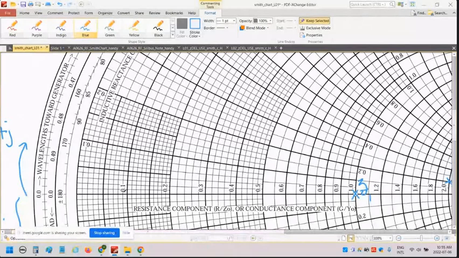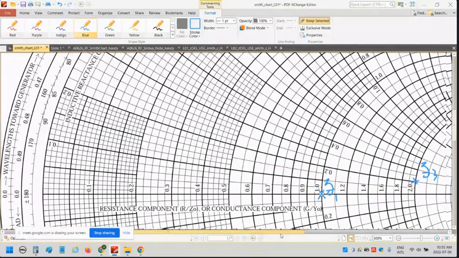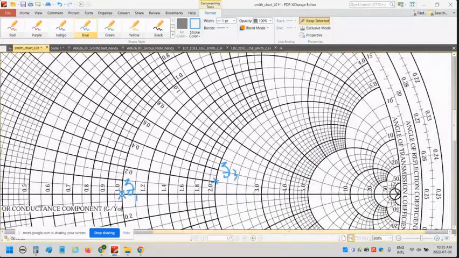So this one is 0.1, 0.2, so 0 is here. You can divide, because from here to here is 0.1, here 0.05. This one is 0, the location for the short circuit. And when they go up, this one is the location for infinity, the open circuit.